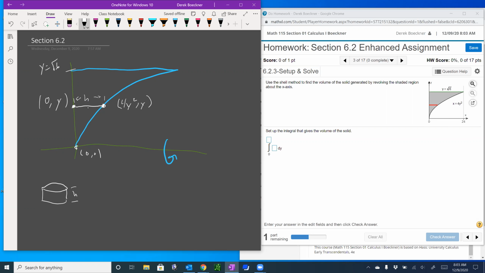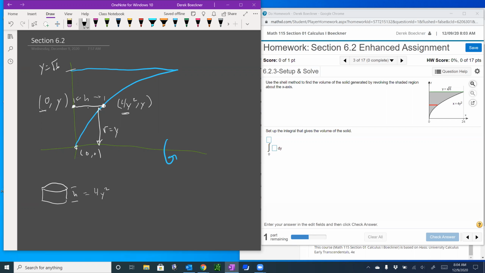Because this is horizontal, it's this x value minus this x value. So this is equal to 4y squared. The radius is how far the strip is from the axis of rotation. The axis of rotation is the x-axis, so the radius is just y.